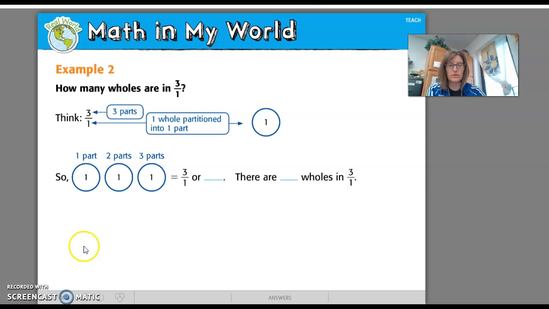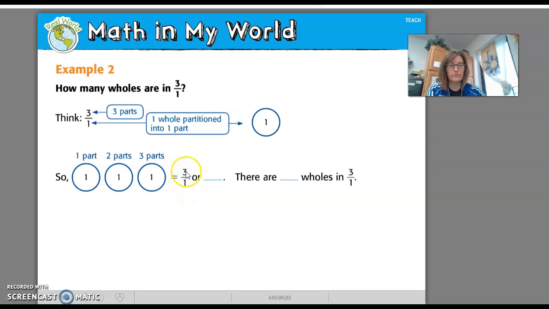So how many wholes are in 3/1? Think, we have 3 parts. We have 1 whole partitioned into 1 part. So we have a whole pizza, but we're not going to cut it up. So we have 1 whole, 2 wholes, 3 wholes, or 3 wholes as one giant piece.